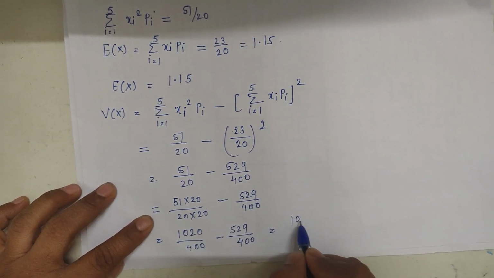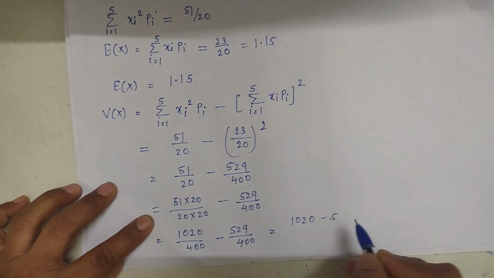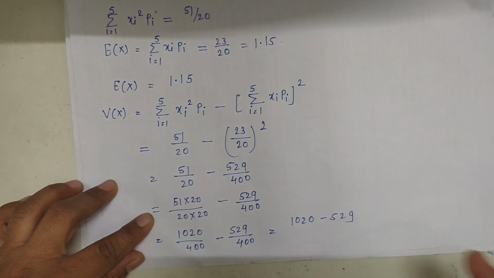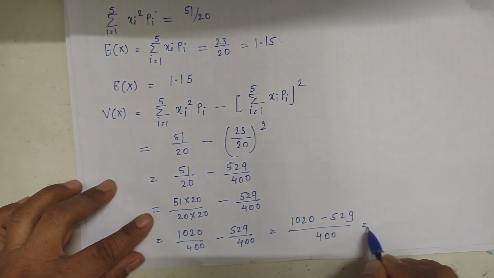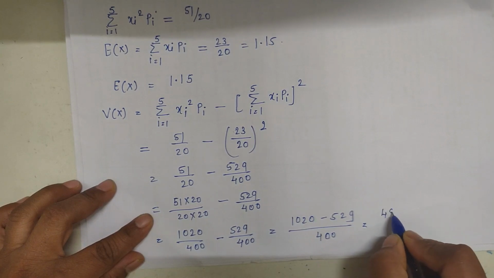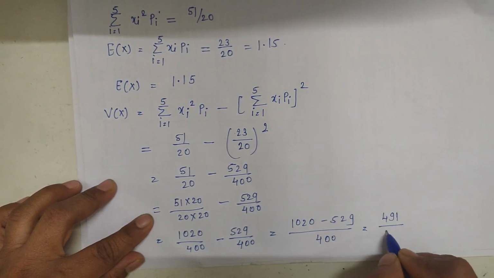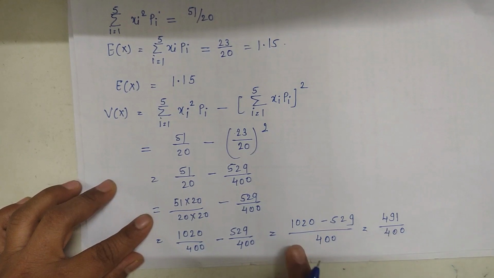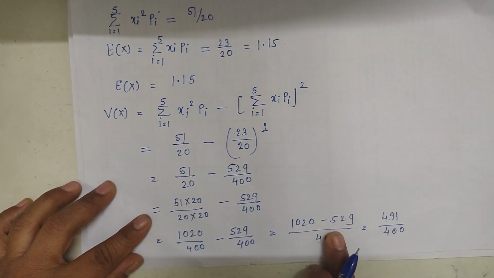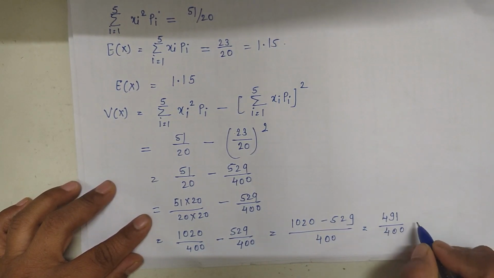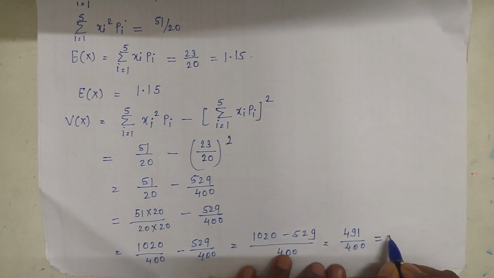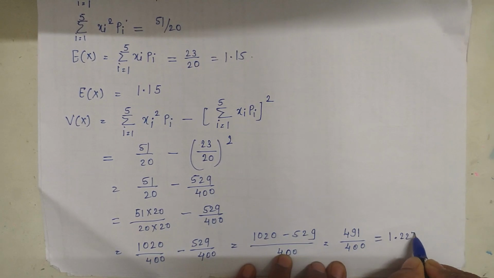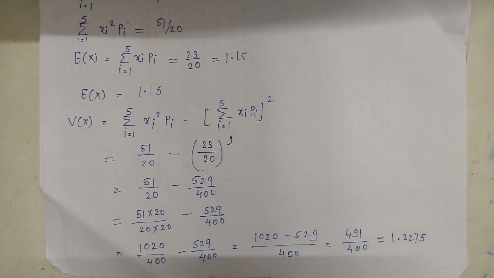Subtraction of 1020 minus 529 is 491, divided by 400, and in decimal form 1.2275.